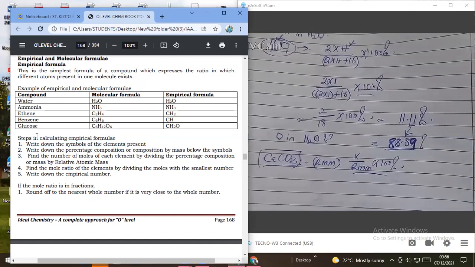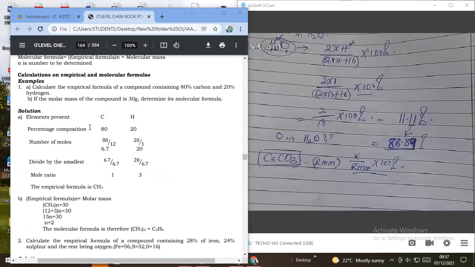Okay. So these are the steps we're going to use for calculating. Step 1, write down the symbols of the elements present. Step 2, write down the percentage composition either by mass or in terms of percentage. Then find the number of moles. That's what we have been doing.